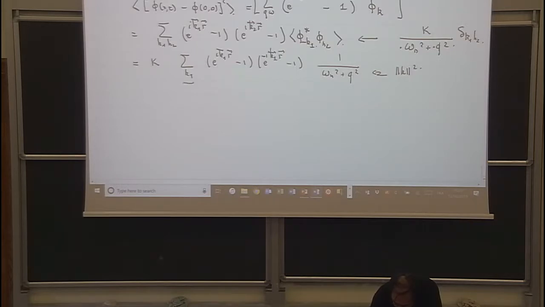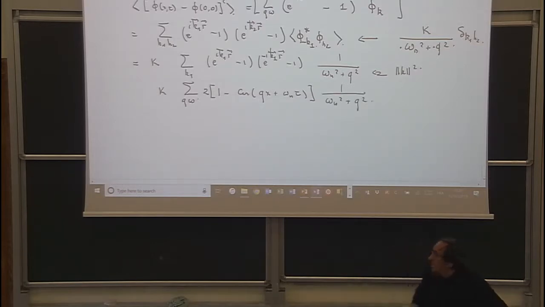So at the end of the day, I get a sum over q and omega of something which is like 2 times 1 minus cosine of qx plus omega n tau. It's not exactly that, but it doesn't really matter at that stage. Over omega n squared plus q squared. Now you see that this is a two-dimensional integral, dq d omega.